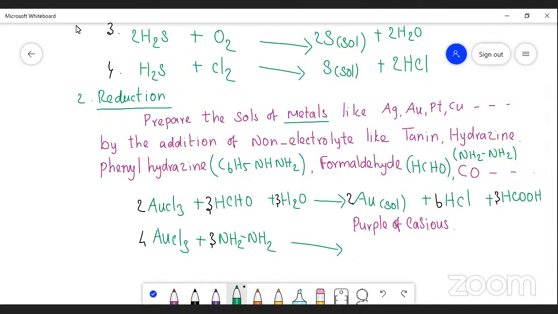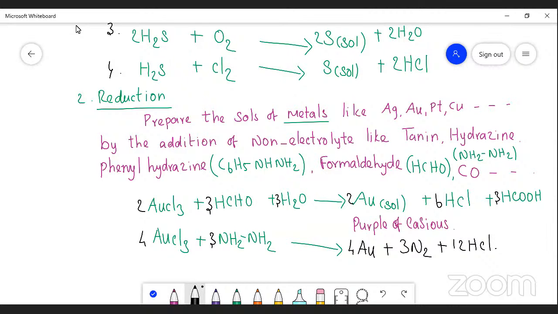That is 4 molecules of gold and 3 molecules of N2, and the chlorine and hydrogen give 12 molecules of HCl.